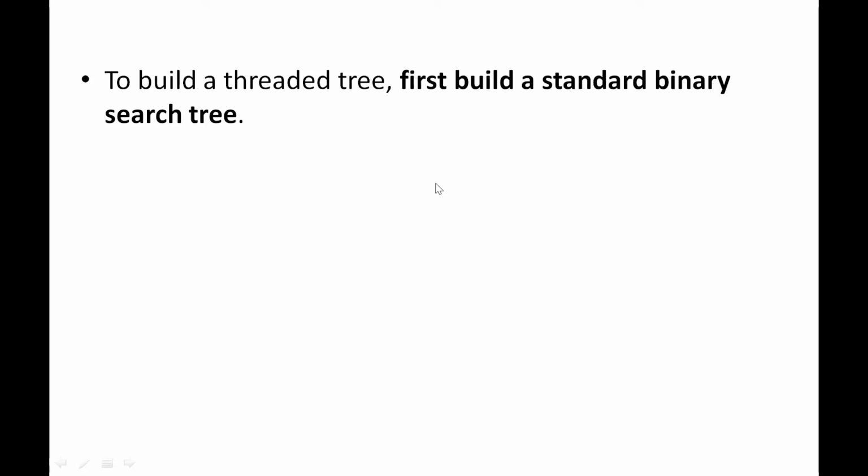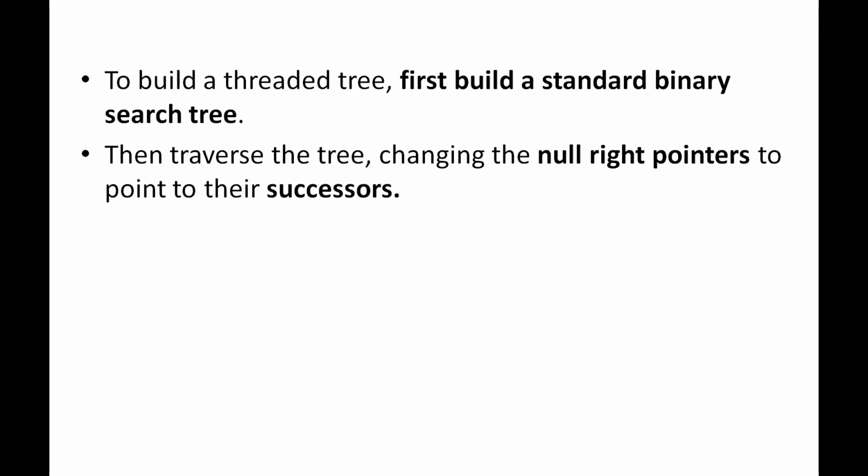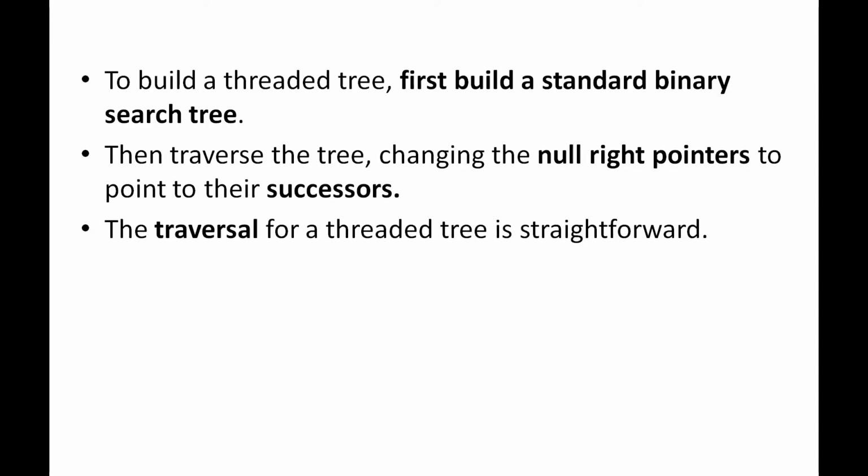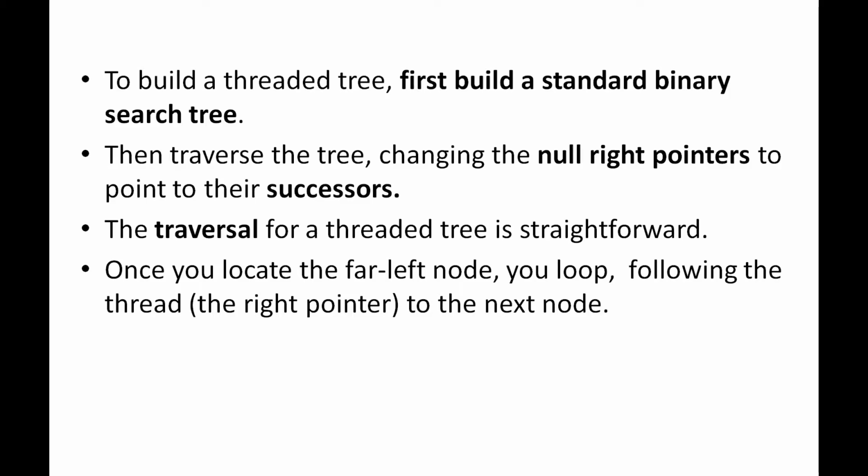So these steps are the ones to be followed while building the threaded binary tree. We first have to build a standard binary tree, and then change all the null right pointers to their successors. The traversal for a threaded tree is actually very simple. You go to the leftmost node of your tree, and after that you print that value and then check whether it is a threaded node.